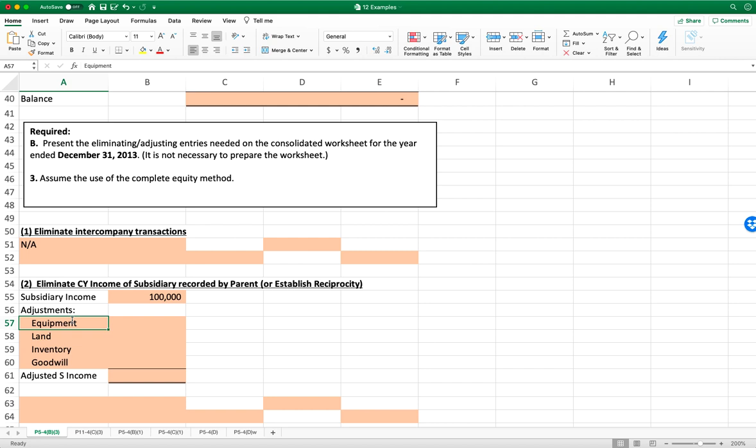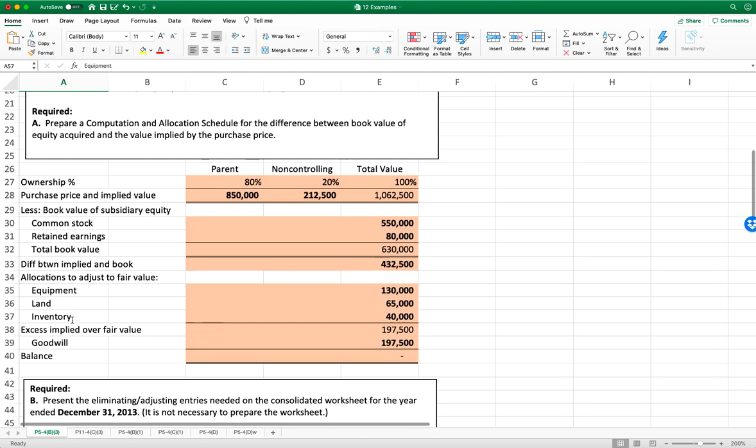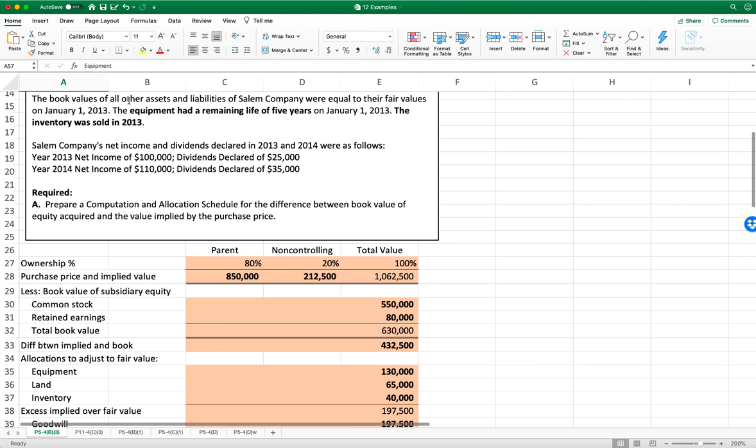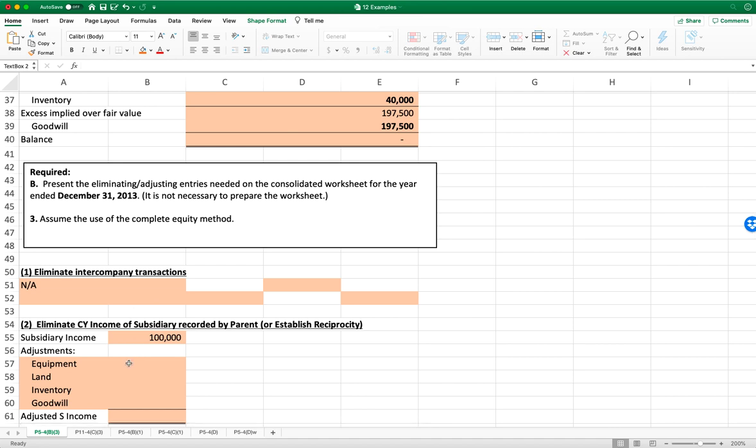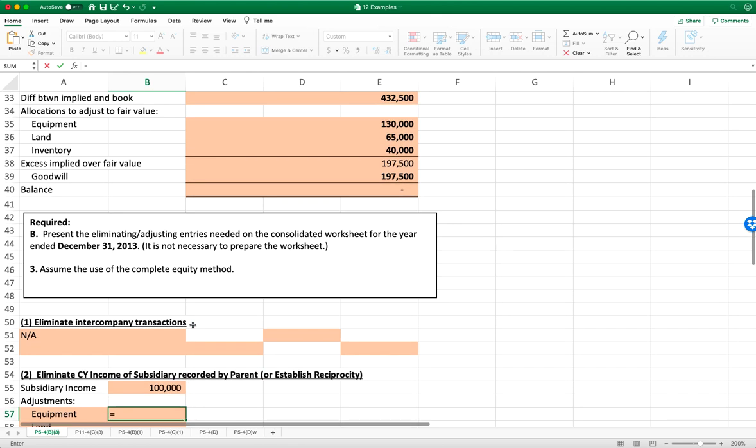So when does equipment impact our income statement? Well, it impacts our income statement when we sell it or when we depreciate it. So in this case, we didn't sell it, but we do need to depreciate it. So up here, they told us the equipment had a remaining life of 5 years. So our equipment, the subsidiary will have recorded some depreciation, but they don't know about this fair value adjustment that we made.